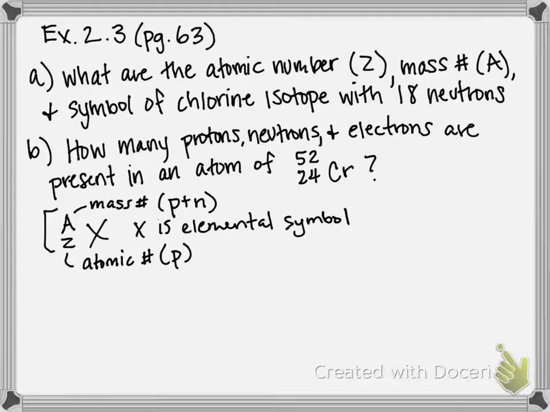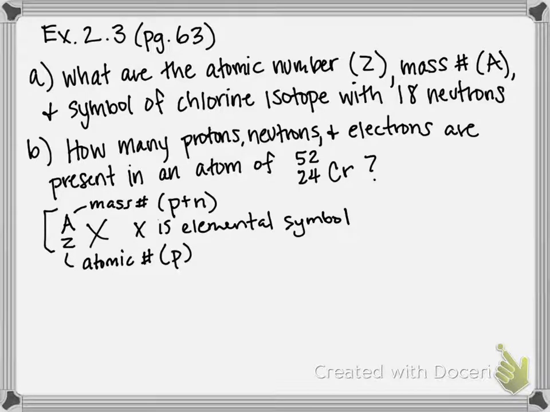Another thing included in the isotope symbol is the mass number, represented with the letter A. The mass number for a particular element is its number of protons and number of neutrons. So it's protons plus neutrons. If you know one of these two numbers, you can always figure out the other.